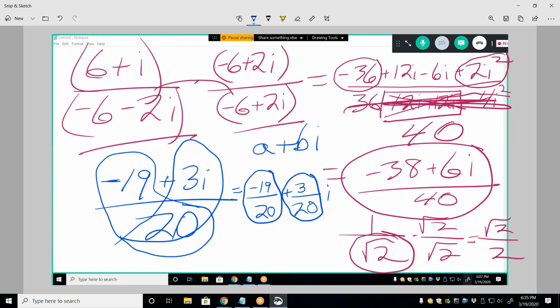Every time you get a complex answer, you want to try to put it in this A plus BI format, and sometimes you have to separate the fraction. In other words, A plus B over C is always equal to A over C plus B over C. So you can always do that step.